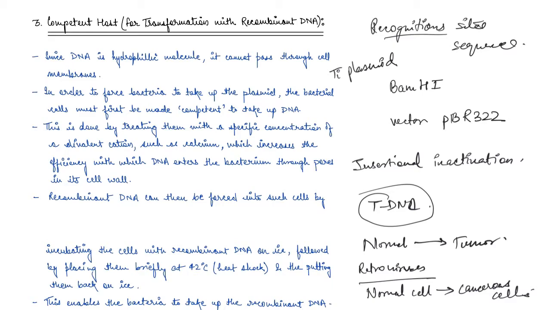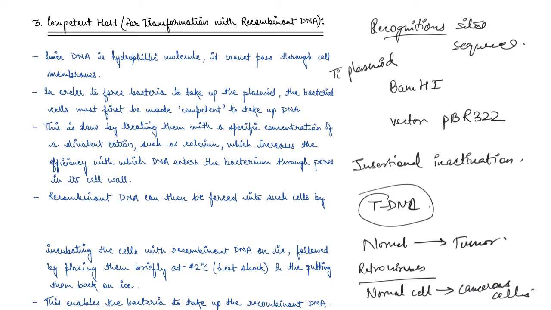Right. So in this way, we can force recombinant DNA into cells by incubating the cells, say, with recombinant DNA on ice. And then we do what? We give them a heat shock. So we put it on ice and then we place it at around 42 degrees Celsius and then back again in ice. Right.